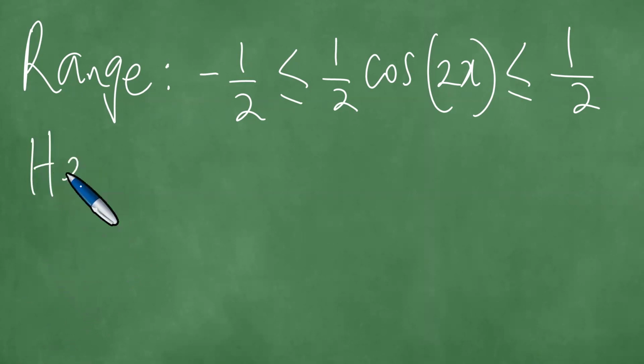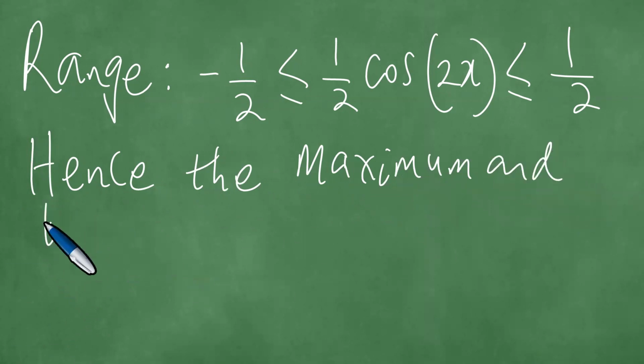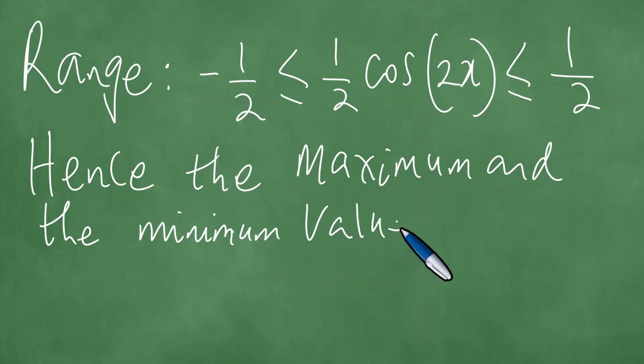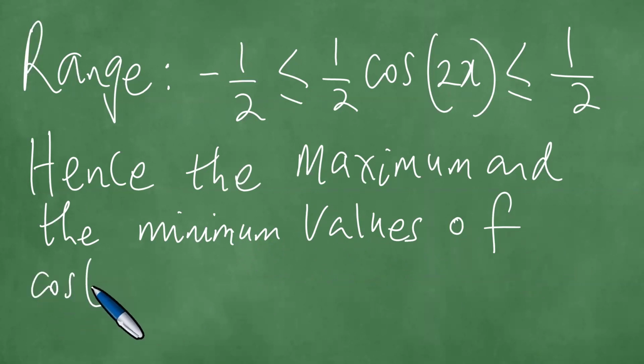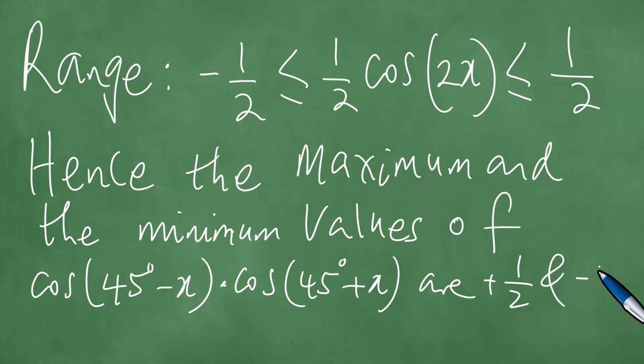Hence, the maximum and the minimum values of the cosine of 45 degrees minus x times the cosine of 45 degrees plus x: the maximum is 1/2 and the minimum is minus 1/2, and these are the values respectively.